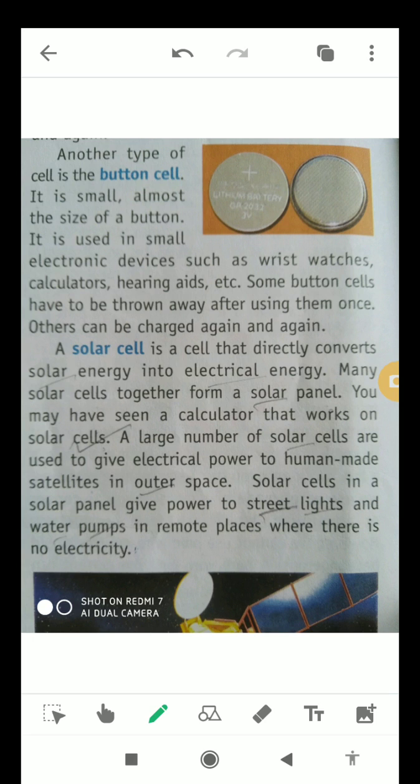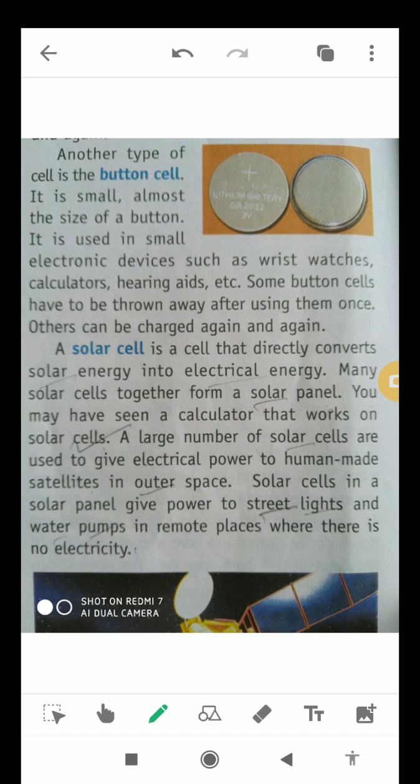A large number of solar cells are used to give electrical power to the human made satellites in outer space. So the solar cells, when used in large numbers, can give power to the satellites as well, which are the human made satellites for outer space.